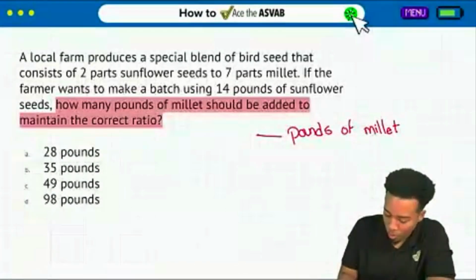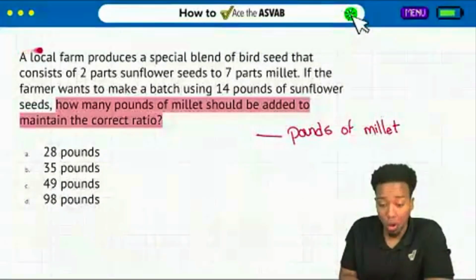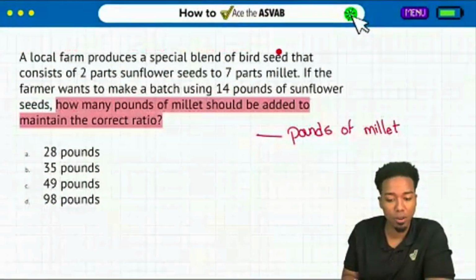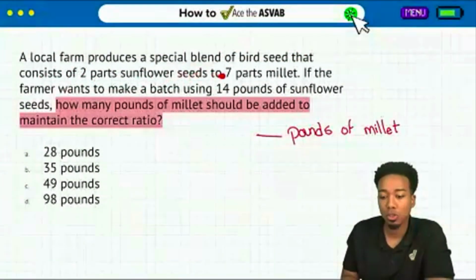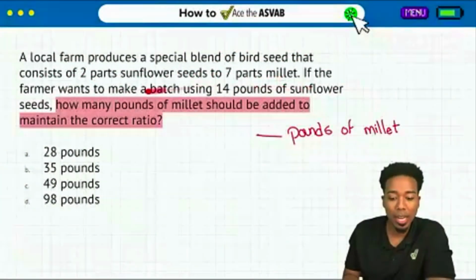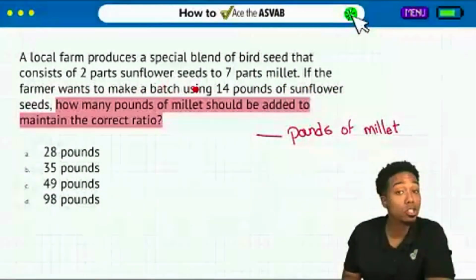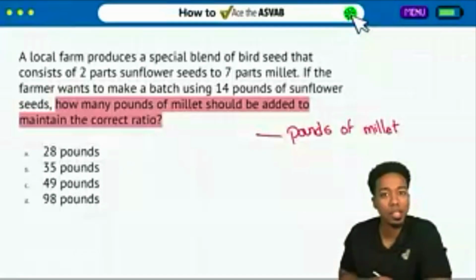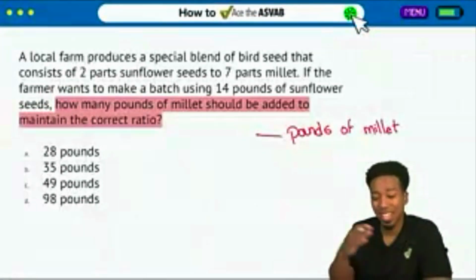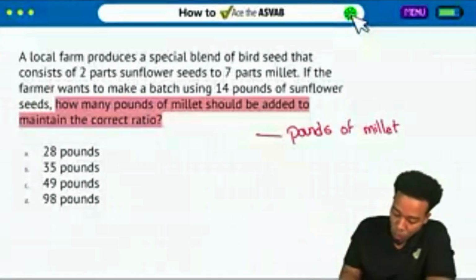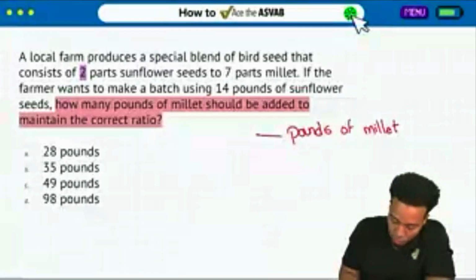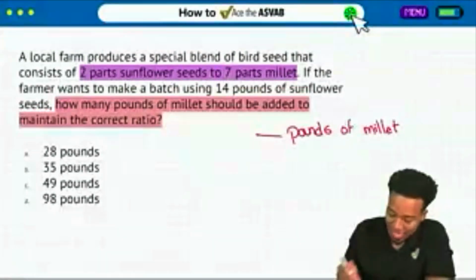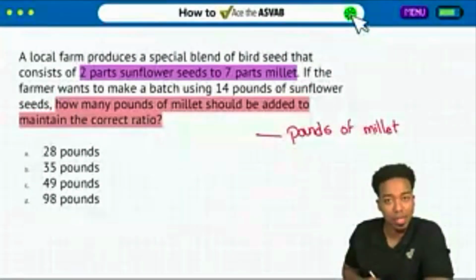So with that, here we go. A local farm produces a special blend of birdseed that consists of 2 parts sunflower seeds to 7 parts millet. So if the farmer wants to make a batch using 14 pounds of sunflower seeds, how many pounds of millet? The first thing I noticed in that first sentence was that it consists of 2 parts sunflower seeds to 7 parts millet.